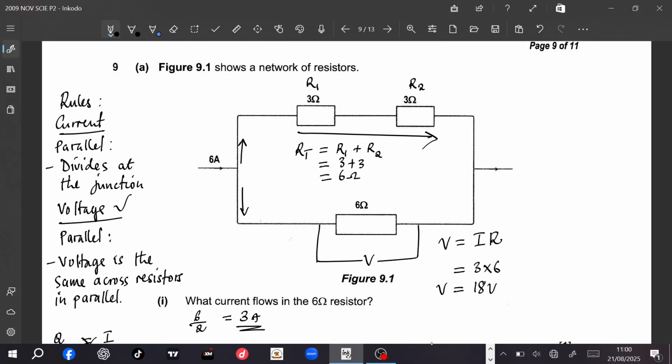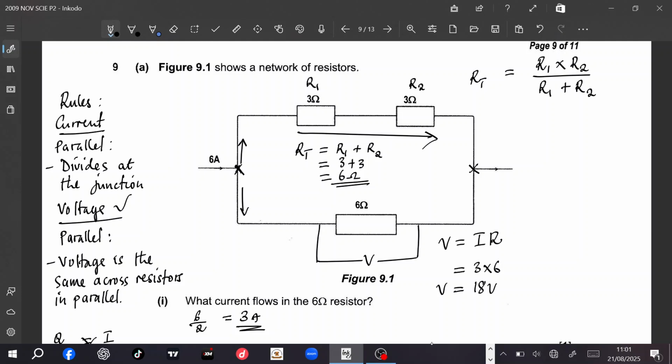Now, let's see if we can use the concept of saying voltage in parallel is the same. So we'll find voltage across this point and this point here. To do that, we'll find total resistance in parallel. We have these two on top, they are giving us this one, and down we have here. So total resistance in parallel is equal to resistor 1 times resistor 2 over resistor 1 plus resistor 2.